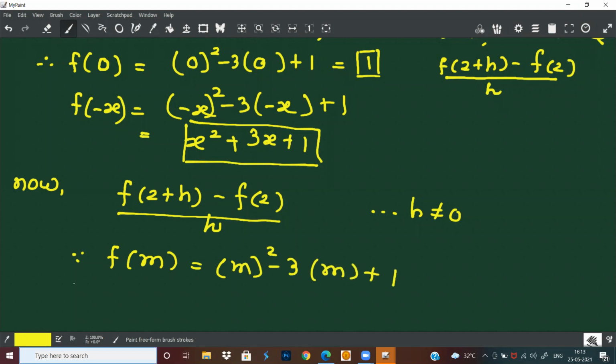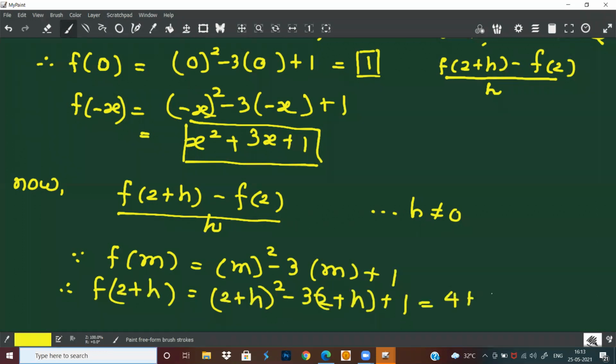Absolutely correct. So f of whatever will be whatever square minus 3 into whatever plus 1. तो अभी मुझे m के जगह चाहिए 2 plus h. तो ये आएगा 4 plus 4h plus h square minus 6 minus 3h plus 1.